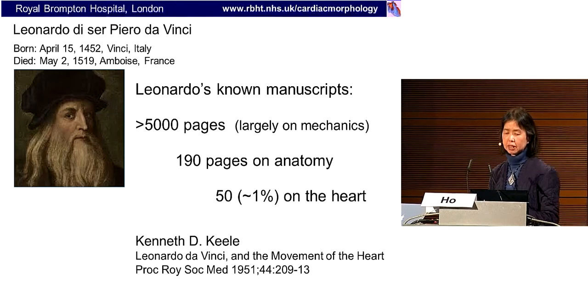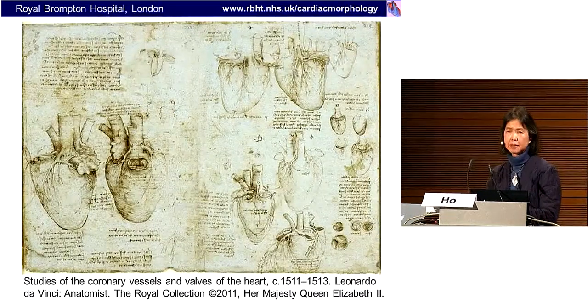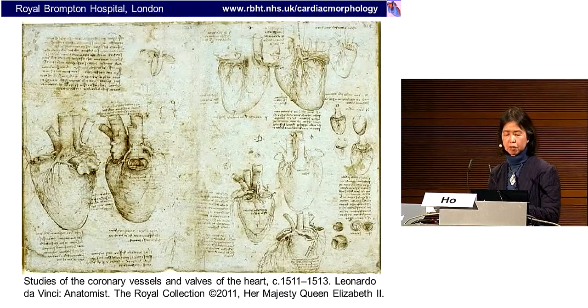So he examined bones and muscles and worked out how they worked. 190 pages were devoted to anatomy, 50 on the heart, which is about 1% of all the manuscripts that survived to the present day. And I'm sure you're all familiar with this sort of picture taken from Leonardo's works.